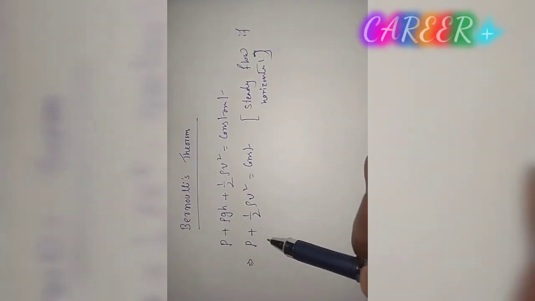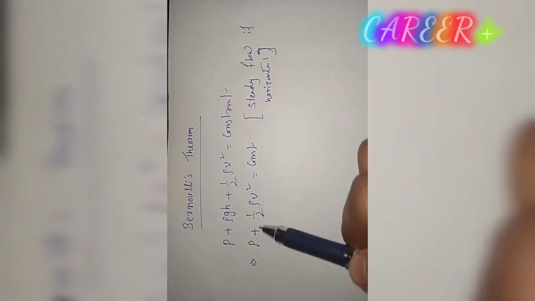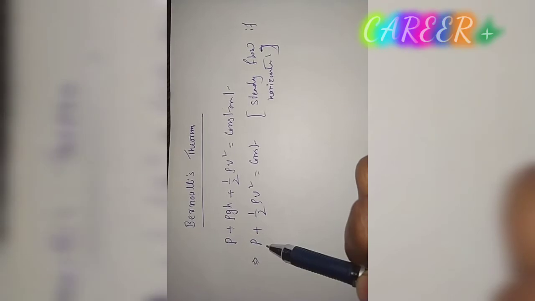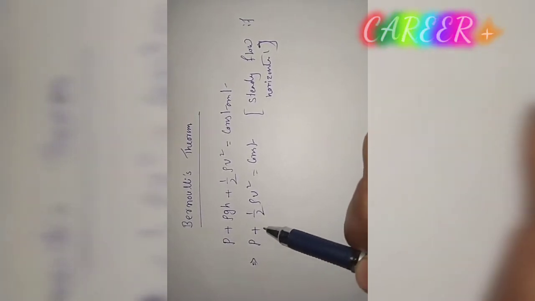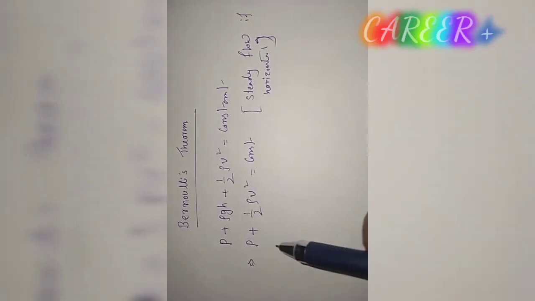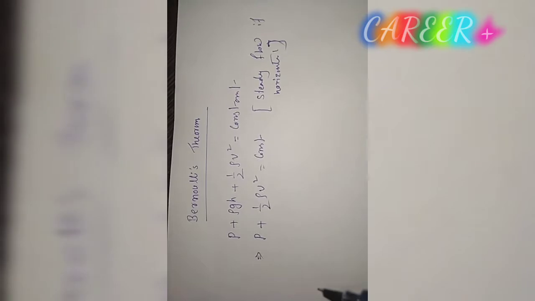Now it is clear from the above equation that since rho is constant, this is the first term and that one is the second term, the summation of the whole becomes constant. It means that if one term increases, then the other term decreases.